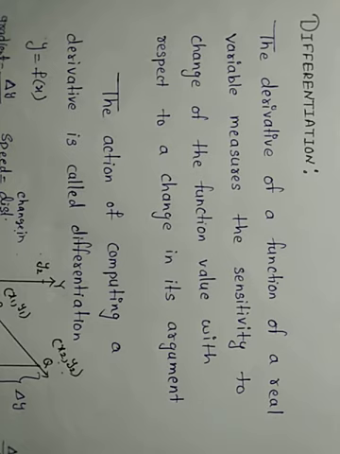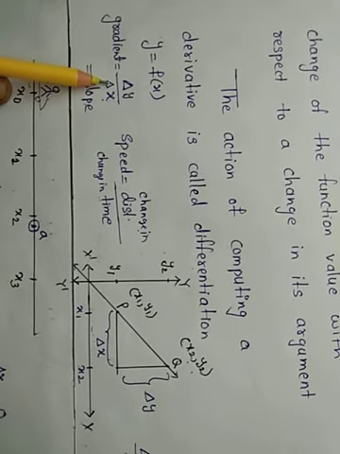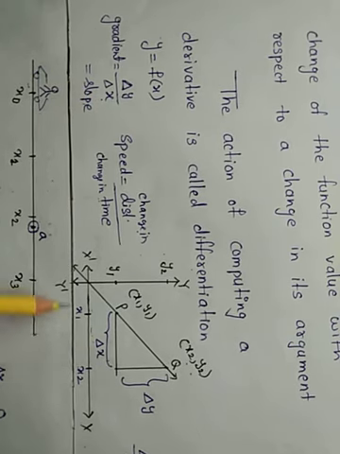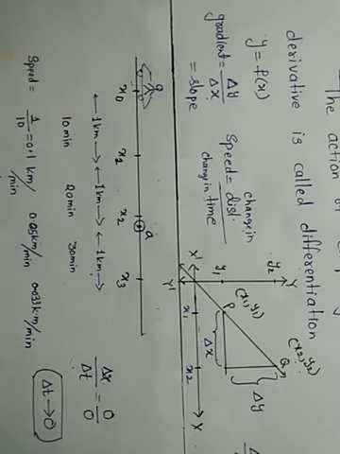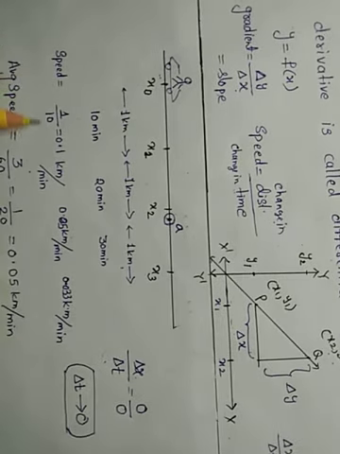Today we have discussed what differentiation is. In simple language, it is the rate of change of one variable with respect to another variable, and the process of finding the derivative is called differentiation. Then we also discussed gradient, change along the y axis upon change along the x axis, and the formula of speed. Then I took this example and found the average speed over here.